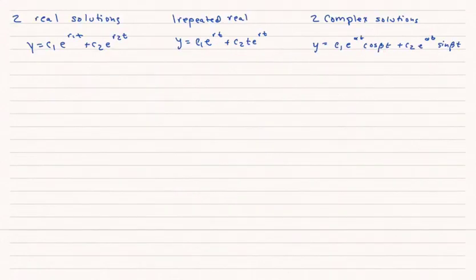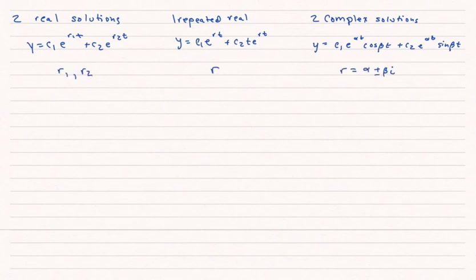So we now have all three situations. Our two real solutions, our one repeated real, and now our two complex solutions. Those two complex solutions will always be written in the form c1 e to the alpha t, where again alpha is the real portion, times cosine of beta t, where beta is the imaginary portion, not the i itself, but the coefficient in front of the i, plus c2 e to the alpha t sine beta t.